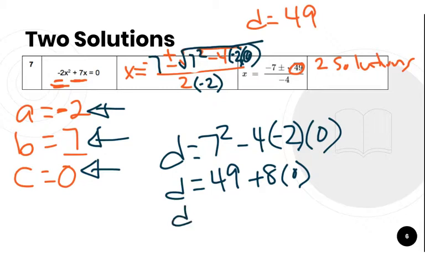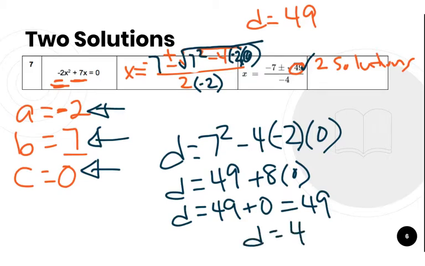So I actually have 49 plus 0, which is just 49. All right, so that's how they got that number there. So remember, if the discriminant is positive, I've got myself 2 solutions.